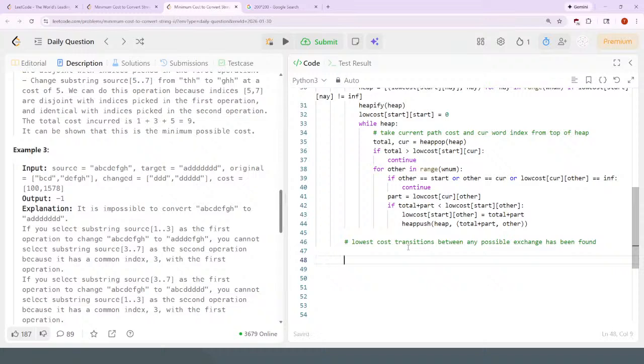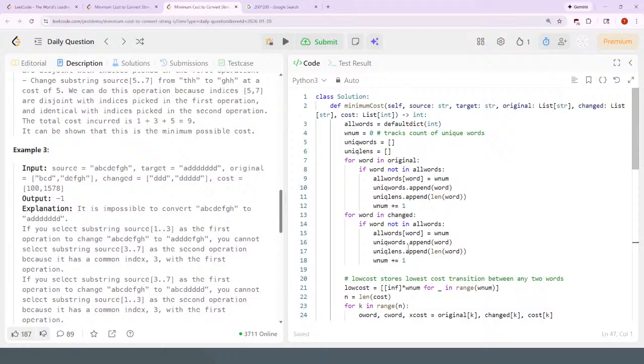So now I think it's a matter of dynamic programming maybe. For every index in the source, I need to store the lowest cost to get to that index changed. For every index in the source or target, find the lowest cost to get to that index. Yeah, okay. This should probably be DP for dynamic programming. I'll go infinity.